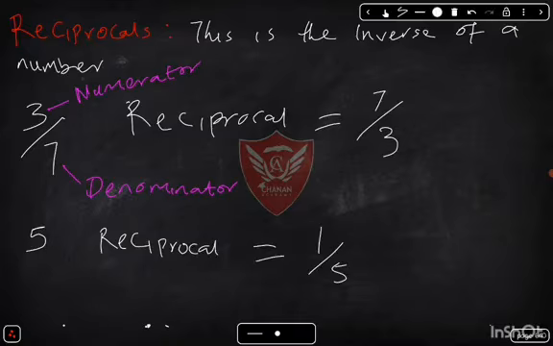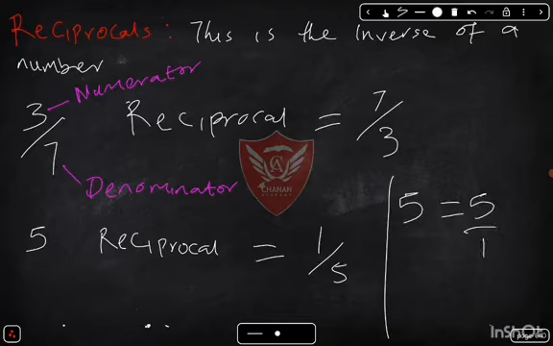And that is because 5 is the same thing as 5 over 1. So every integer is actually being divided by 1, because any number that is divided by 1 remains that number. So that's why the reciprocal of 5 is 1 over 5.